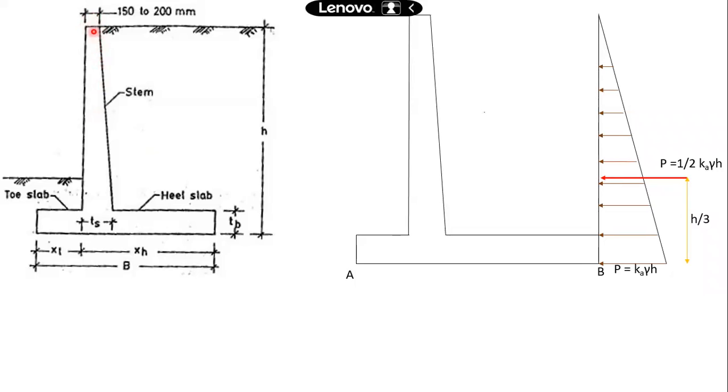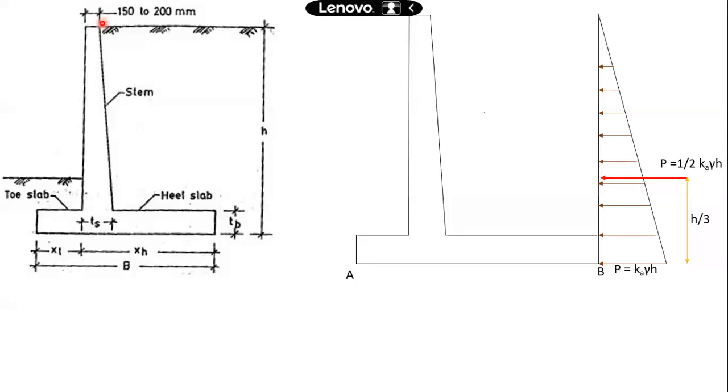So here you require minimum thickness. Normally that minimum thickness is 150 to 200 mm, so that we can accommodate the bars which are provided. But the main reason is that we no longer require the larger thickness when we move towards the top, so that thickness can be reduced.